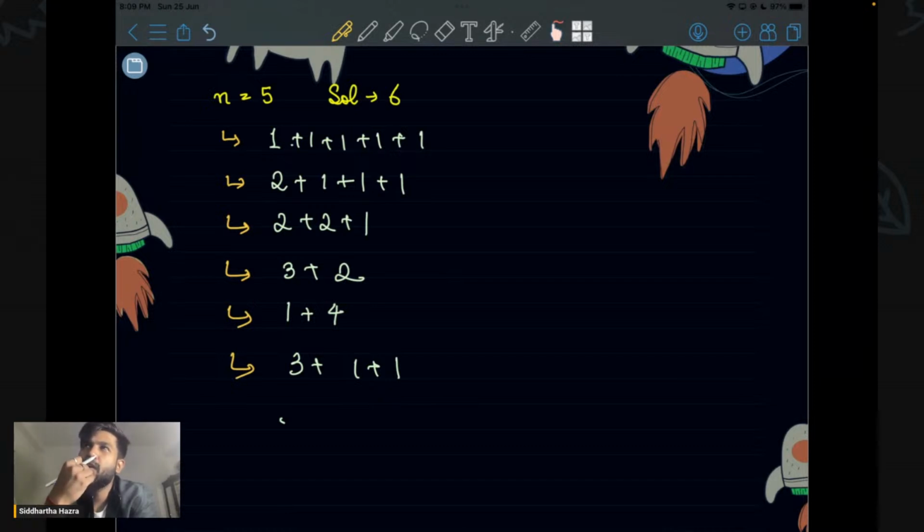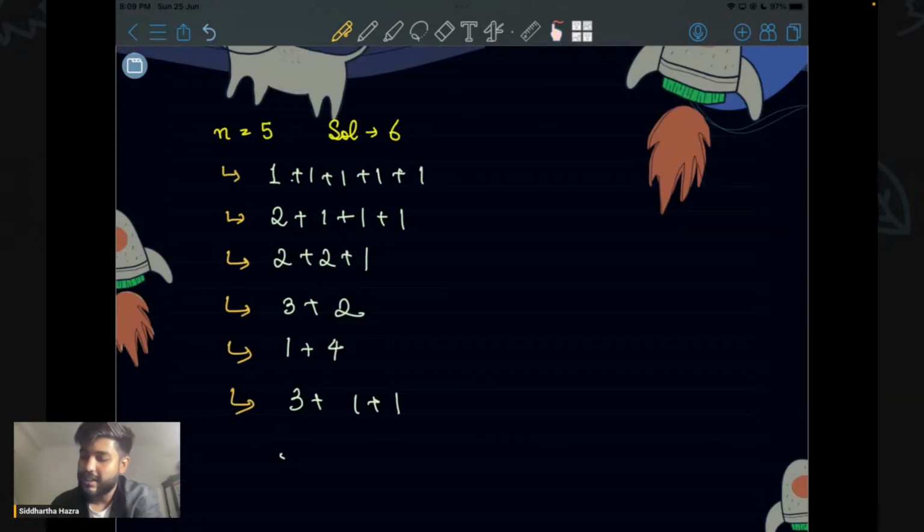But these algorithms won't really help us in finding the number of ways to represent an integer. After toggling between all the algorithms, one after another, we come to the conclusion that we have to try every way.